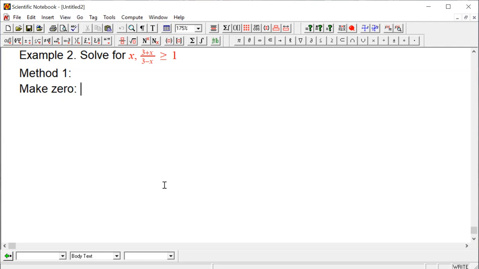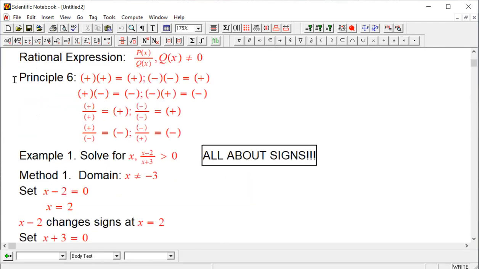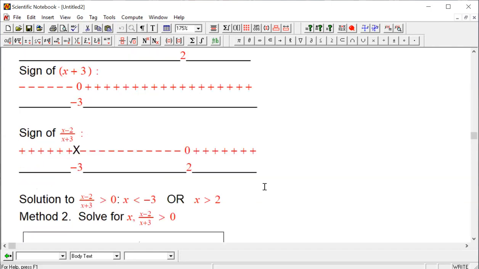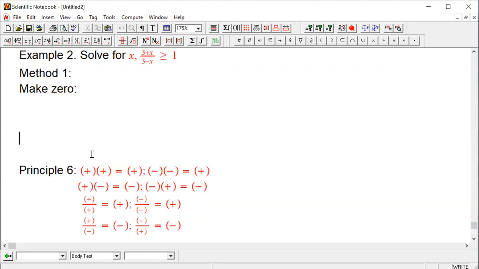Why make 0? Because we want to use principle number 6. So I'm going to bring principle number 6 to tag along with us.